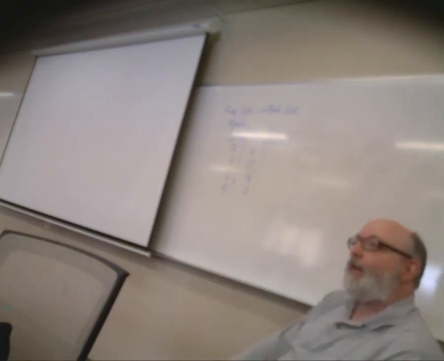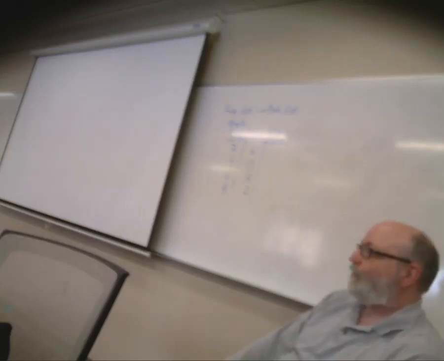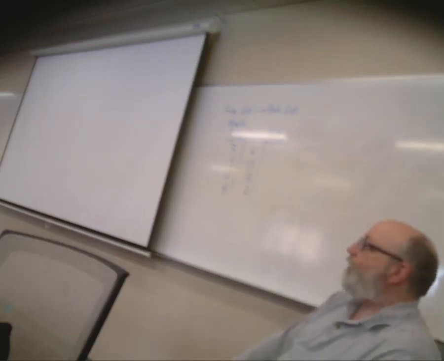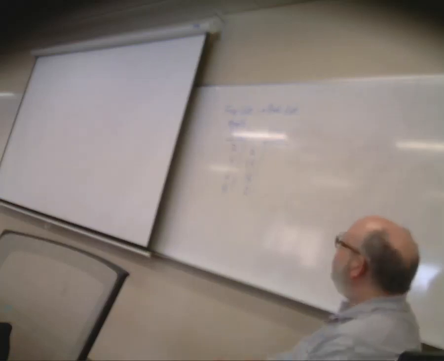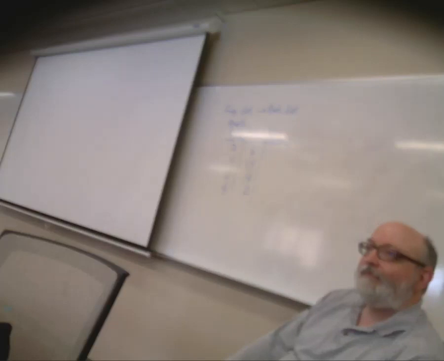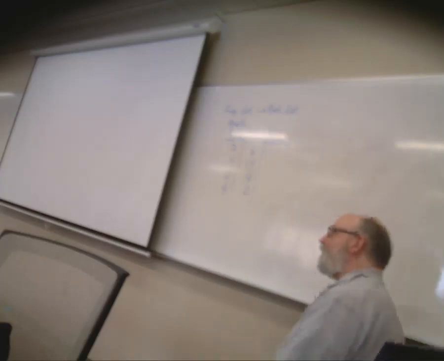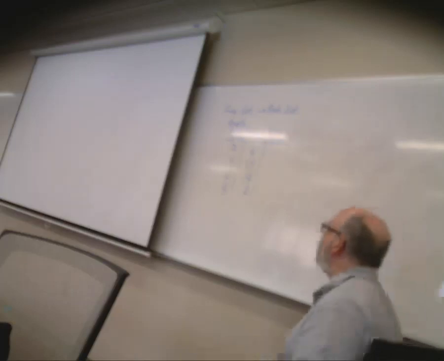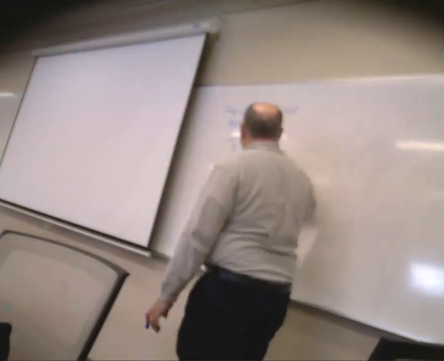So I want those numbers. I want to know my relative frequencies right now. So you might want to use your calculator unless you can do this in your head. If you can, that's fine. So what's my first number? 0.15, and I'm going to express this as a decimal number.